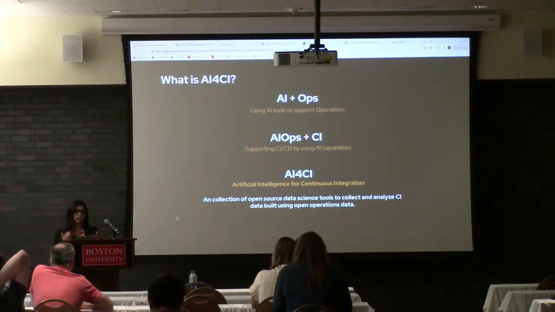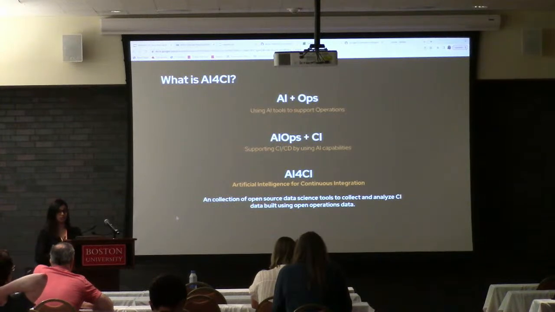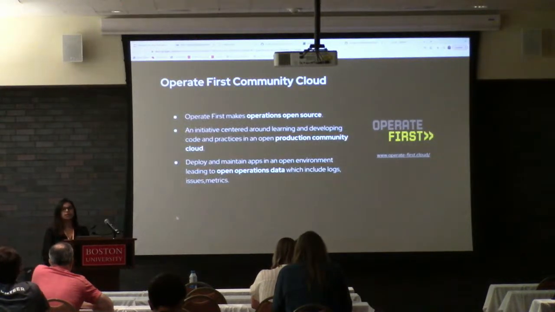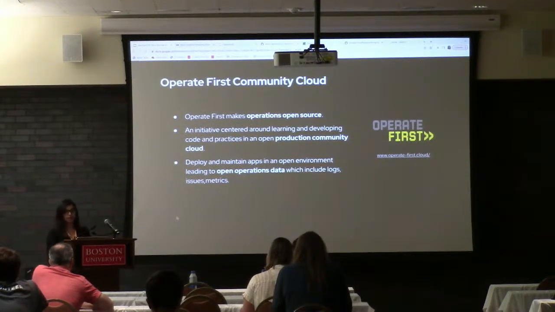And we have developed this project on a cloud called Operate First Community Cloud. So let's see what this cloud does. It's precisely an initiative that's centered around open sourcing operations of software. It provides a real production cloud environment, which can be used to operate software and applications openly.